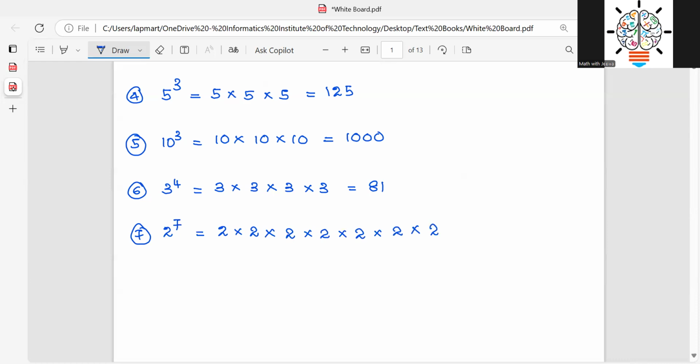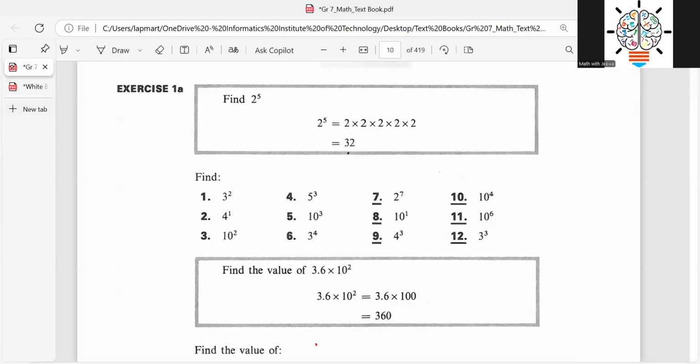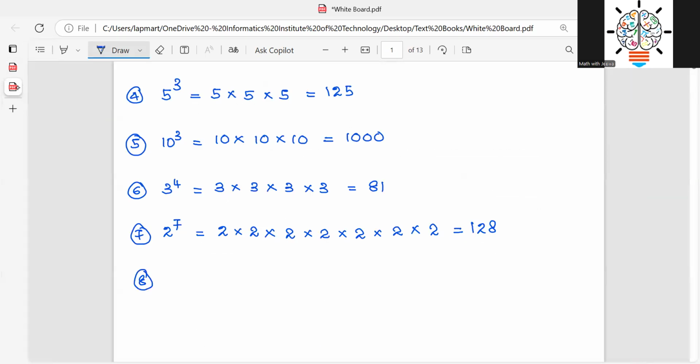You want to write 2 seven times: 1, 2, 3, 4, 5, 6, 7. 2 times 2, 4. 4 times 2, 8. 8 times 2, 16. 16 times 2, 32. 32 times 2, 64. 64 times 2, 128.